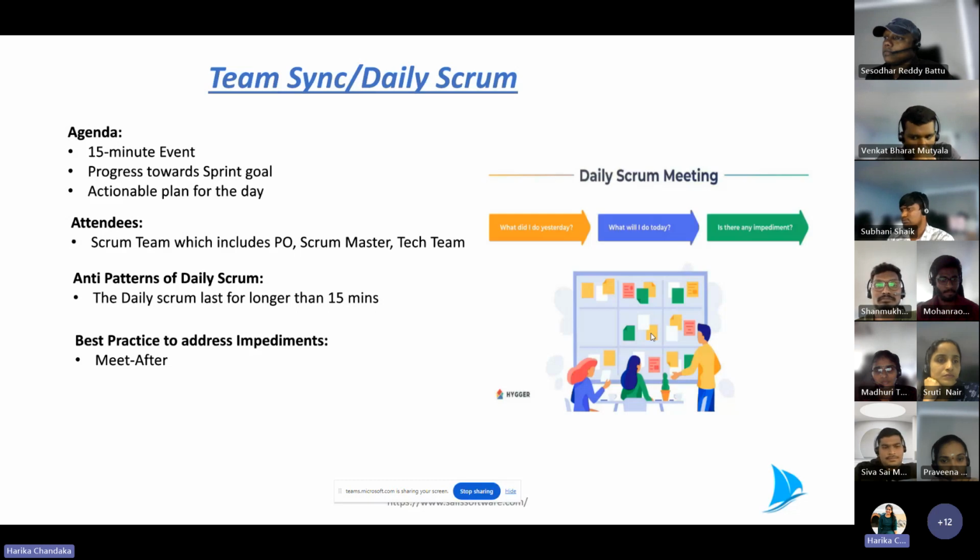Ideally, the daily scrum call helps to align the team on what everyone is working on, what different blockers or impediments any team member is facing, and whether we can get some solution. It's always advisable to have the whole team gathered, and the attendees are the Scrum team, which includes the product owner, Scrum master, and the technical team.